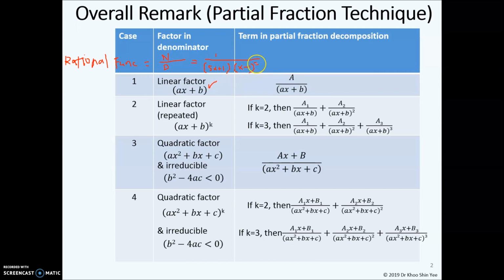So (x minus 1) squared is a repeated linear factor, x minus 1 power 2. Or you may have (x plus 1) power 3, which is also a linear factor. Therefore, it can be a power of k.